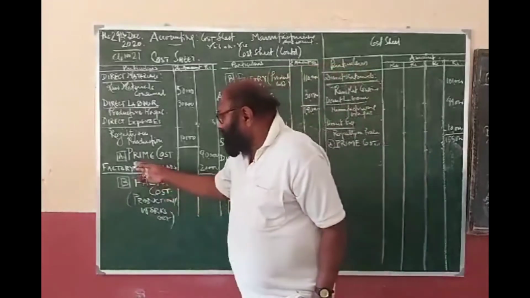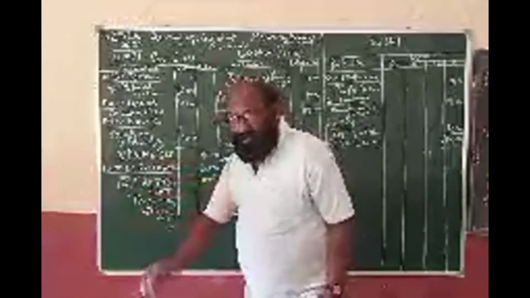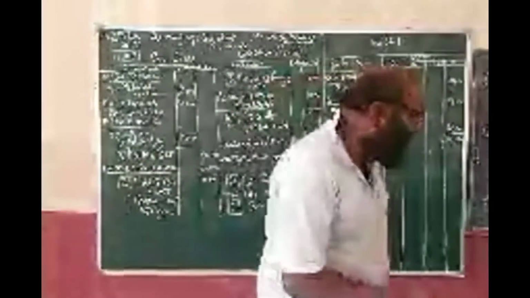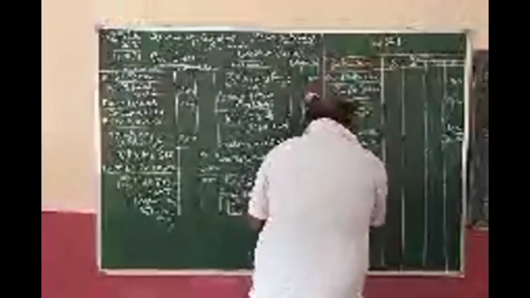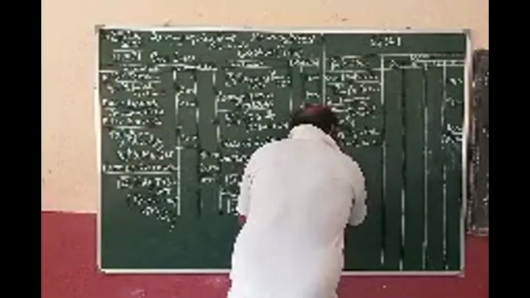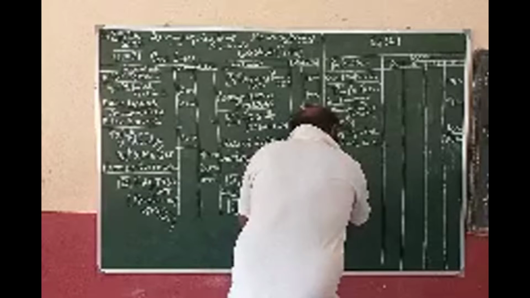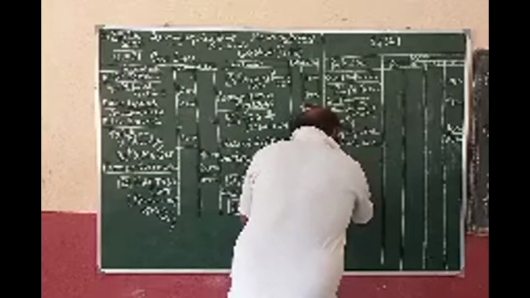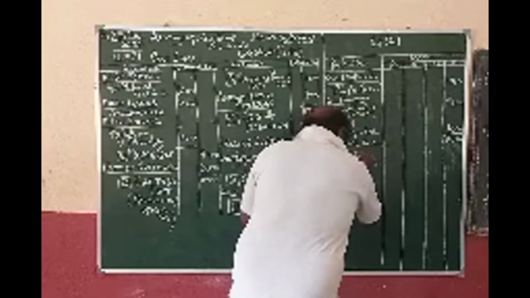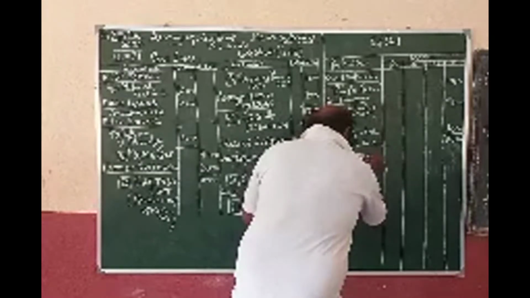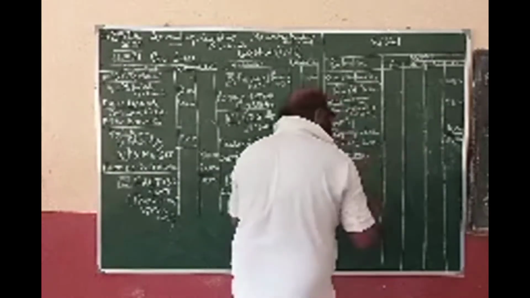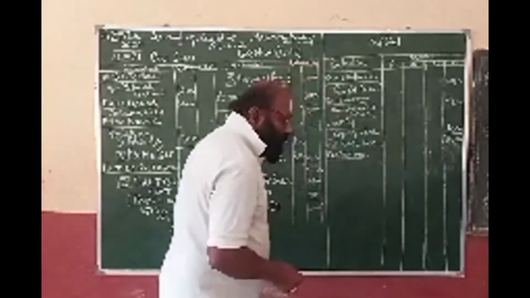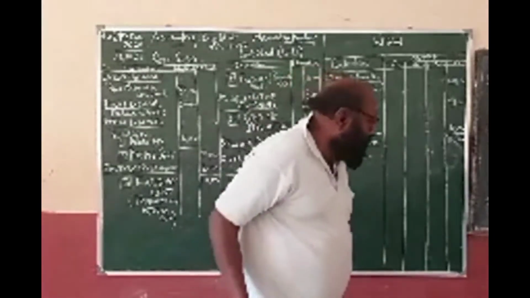Now, to that, then you should add what? Factory overhead or production overhead. In short, I am writing FOH. FOH means factory overhead. Factory overheads or production overhead, in whatever name you may call.